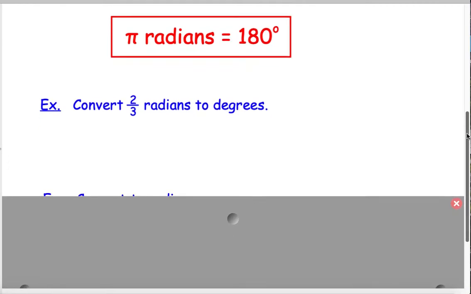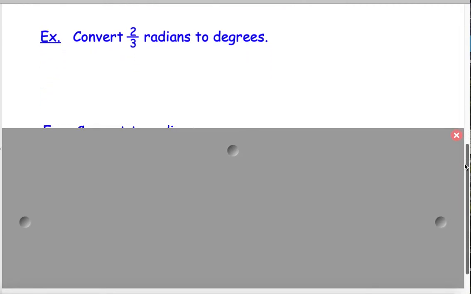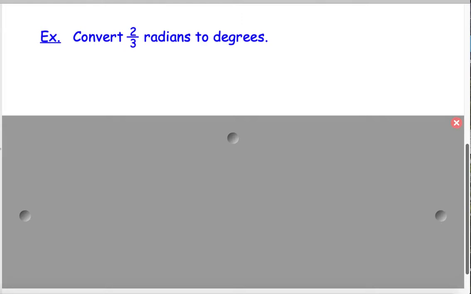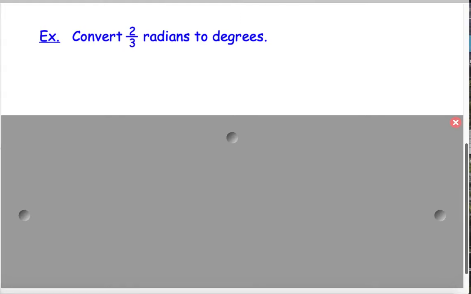Let's convert two more. Convert 2/3 radians to degrees. So now these are a little unusual, and by not having a pi there, it makes it seem a little different, but it's really the same process. These are radians. We want to get rid of radians, so that goes in the denominator. Degrees goes in the numerator. 180 degrees is equal to pi radians, so I'm multiplying by a form of 1.